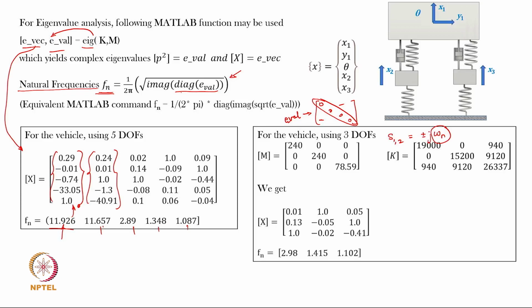Now, if we ignore the mass of the wheel, for this system what we are going to look at is what happens if we simplify the model.